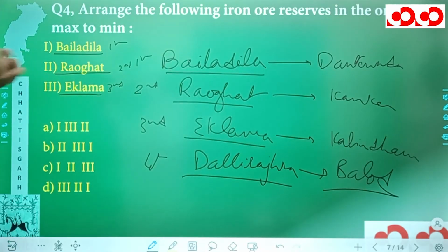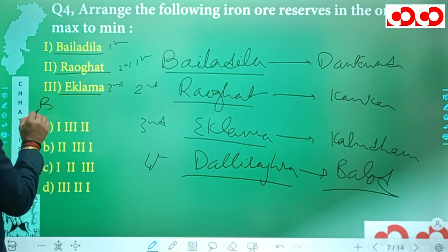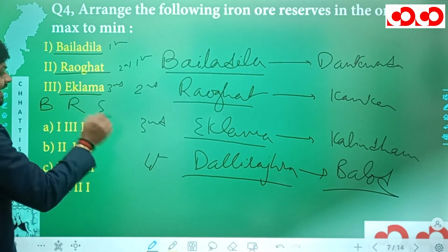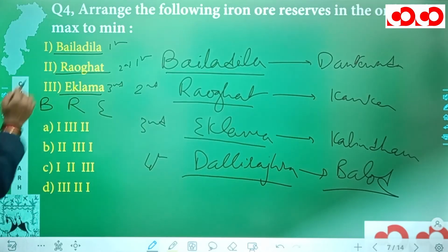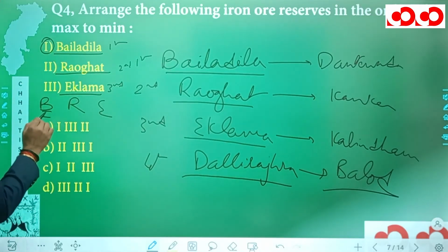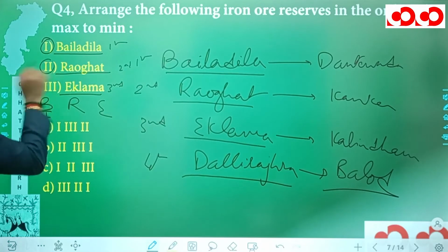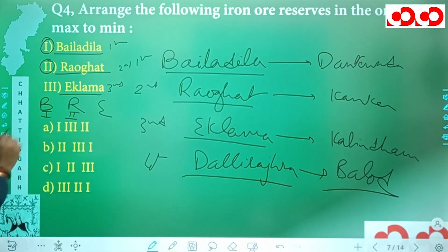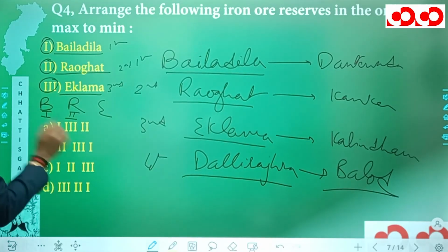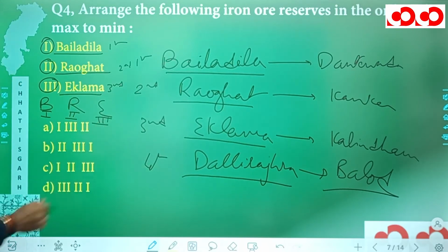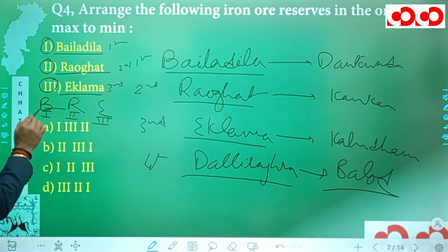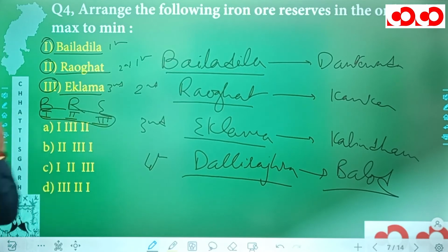So, when making sequence, the correct sequence has to be Belladilla, Raughat and Eklama. Now since Belladilla is given in 1, I'll write 1 here. Raughat is given in 2, I'll write 2 over here. And Eklama is given in 3, I'll write 3 over here. So what has to be the correct sequence? The correct sequence has to be 1, 2 and 3.